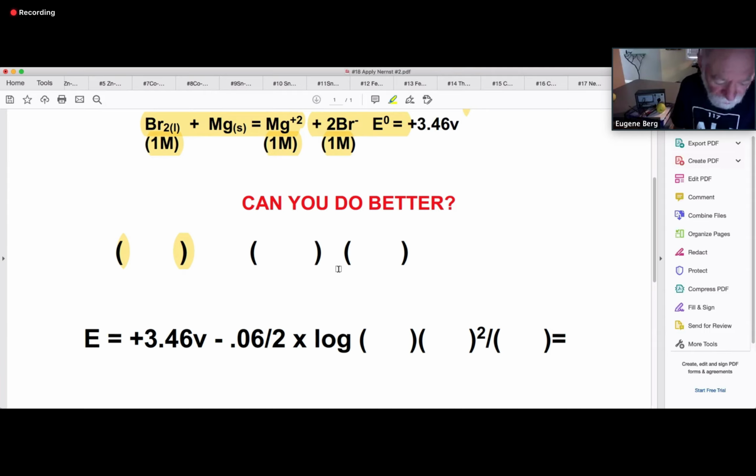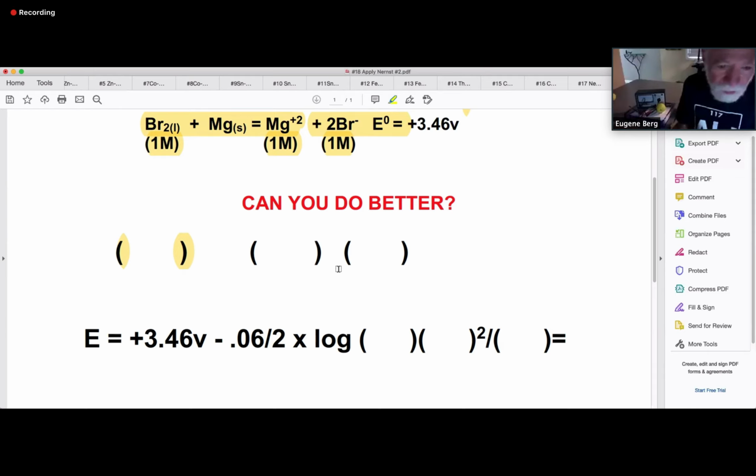And then I have to add to the E0, so plus 3.46. So I get an answer, write this down, and you can check me later if I made a mistake, of positive 3.559. I'll round it off to positive 3.56. Anyone verify that? Nobody? Yeah. Okay, I heard a yes sir.